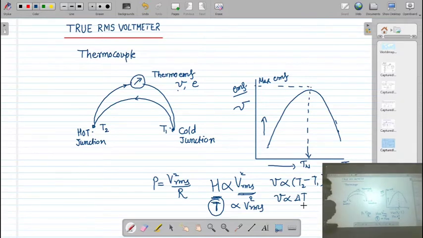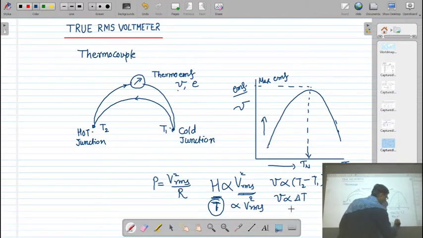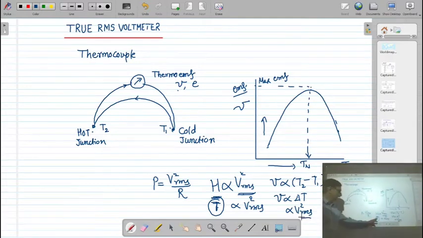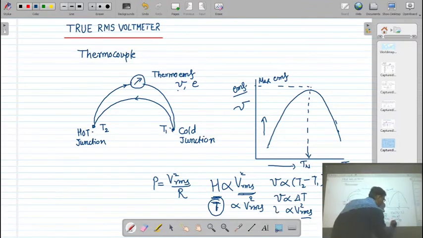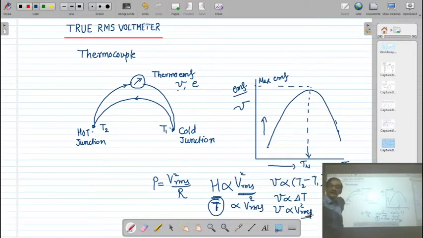And in our case, what is delta T? Delta T is proportional to V square RMS. Remember, in the case of the resistance, the temperature change was proportional to V square RMS. So in a thermocouple, if you are measuring the temperature, the EMF of the thermocouple will be proportional to V square RMS.